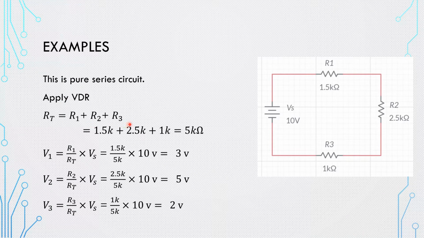You have to find R total, which here is the summation of the resistors. Then I can apply VDR: V1 equals R1 divided by R total multiplied by the voltage source, and this is V1. Similarly for V2, and similarly V3. So since I'm having a pure series circuit, I can apply VDR to find the voltage across each resistor.